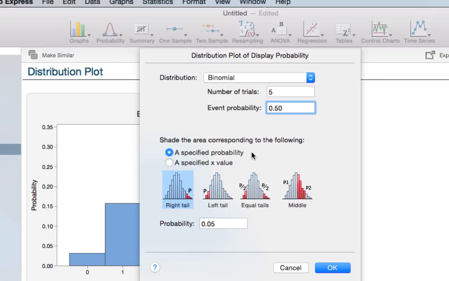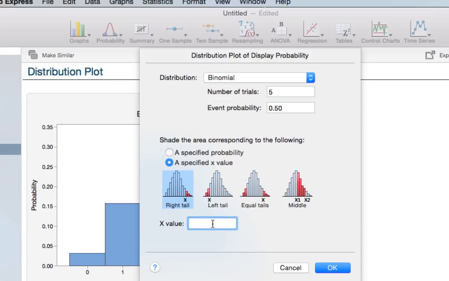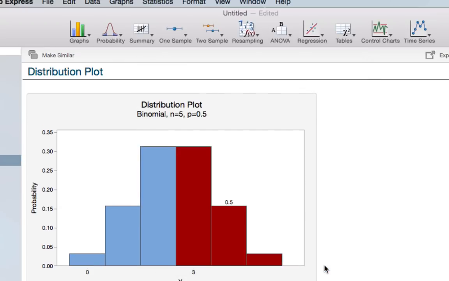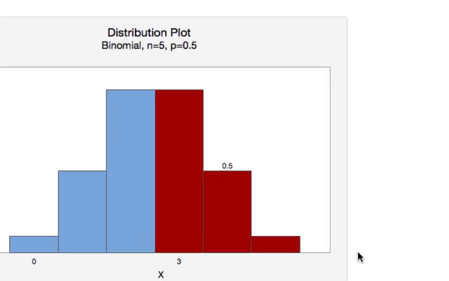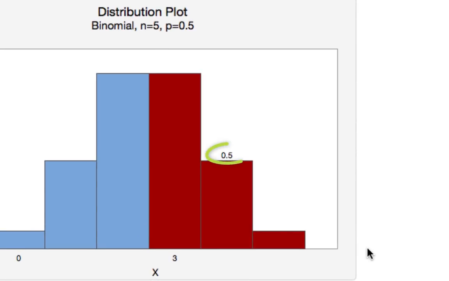Most of the time with binomial probabilities, though, you'll have a specified x value. So maybe I want to know the probability of having 3 or more tails out of 5. So 3 or more would be 3 and then to the right, or a right-tailed distribution. The probability of having 3 or more is 0.50.